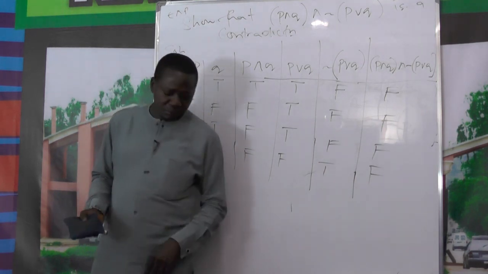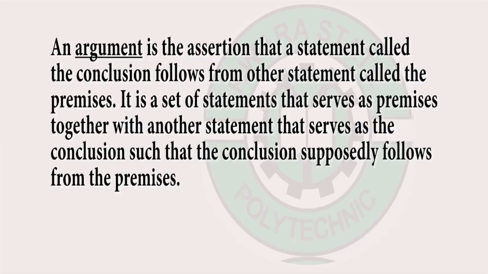Argument. This argument in this case is the assertion that a statement called the conclusion follows from other statements called the premises. It is a set of statements that serves as premises together with another statement that serves as the conclusion, such that the conclusion supposedly follows from the premises.